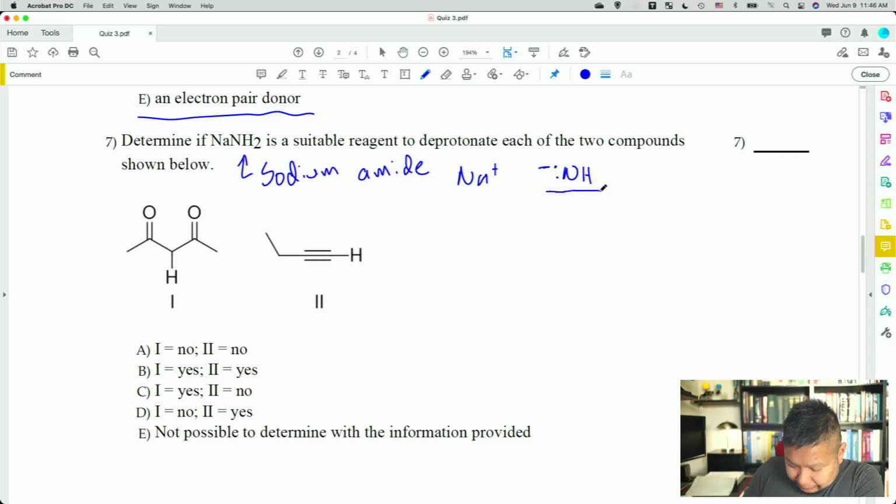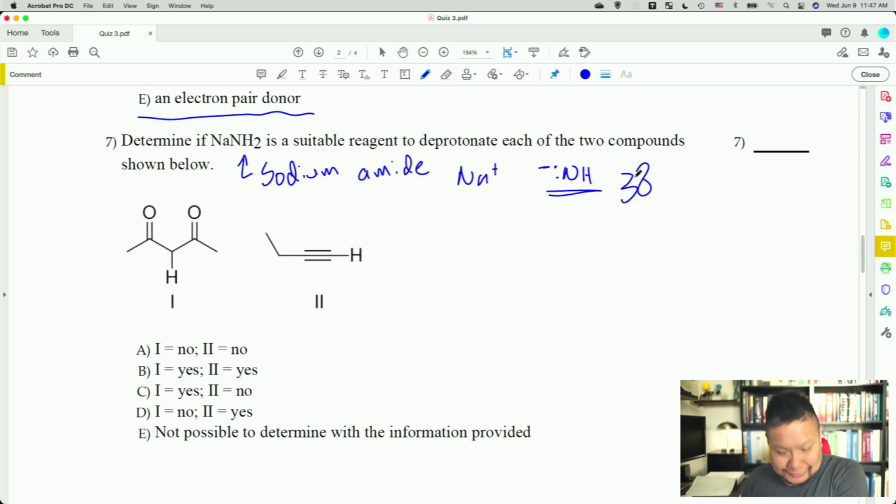If you look this up in your textbook, in the chart, right here, it has a pKa of 38. That's a really high pKa, which means it's a super strong base. It can pull off all kinds of stuff.